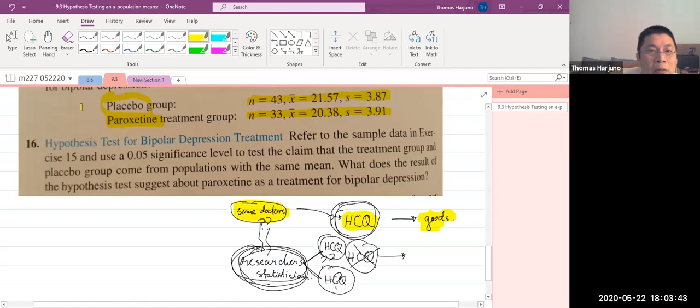In my case, I believe I told you before that I have depression, so I take Prozac. Is Prozac effective? Then I need to compare that to another group of people with depression, and you give them placebo, and see the result of these two different groups.